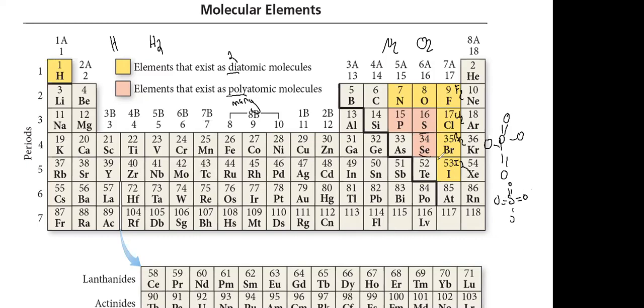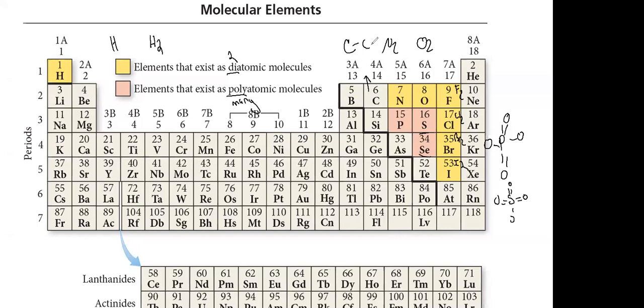Everything else in our light brown gray type of color, when they are found in nature as pure elements, they are by themselves. They don't bind to other things. So like carbon for the most part is just carbon. If you find a pure piece of carbon, it's just carbon atoms.